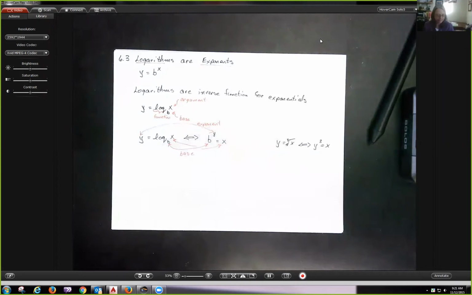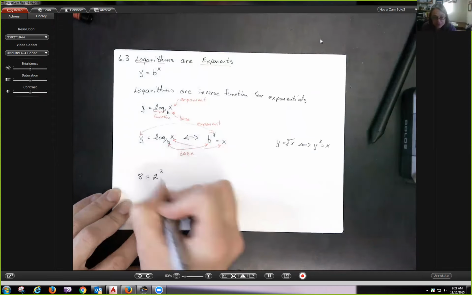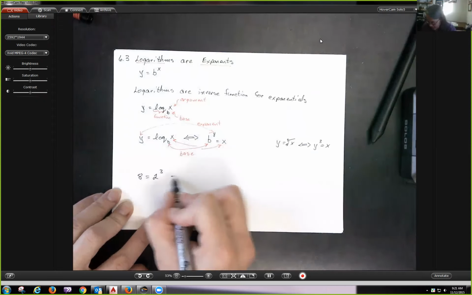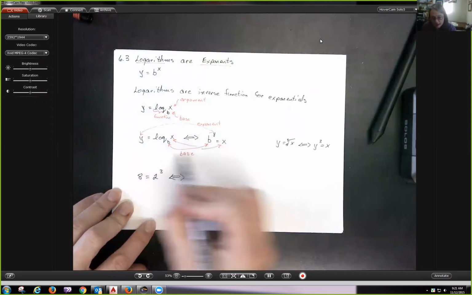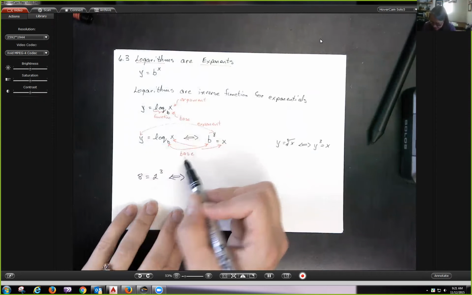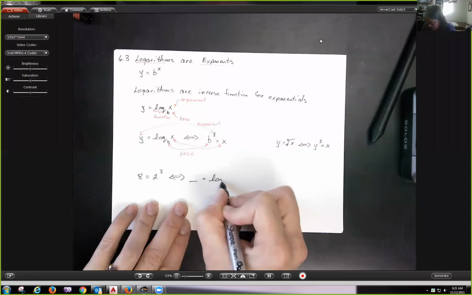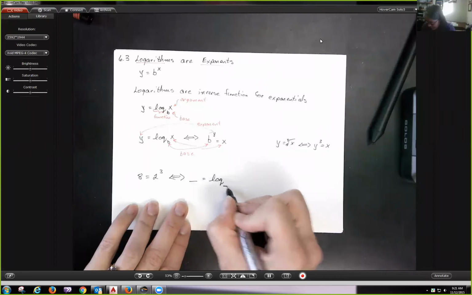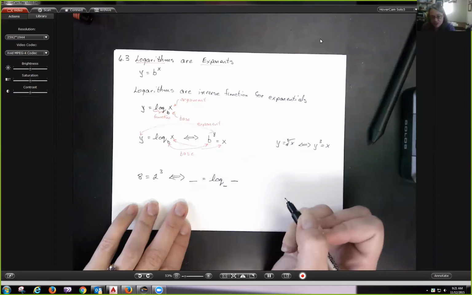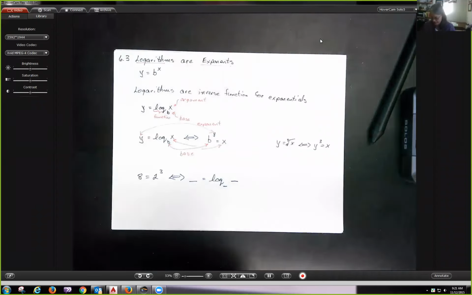Okay, so let me show you some examples here. We know that 8 is equal to 2 to the third power. This also means, if we apply our equivalency here, something is going to equal the log base b of something. Now let's fill this in. B is the base.